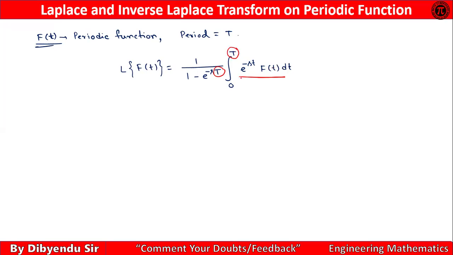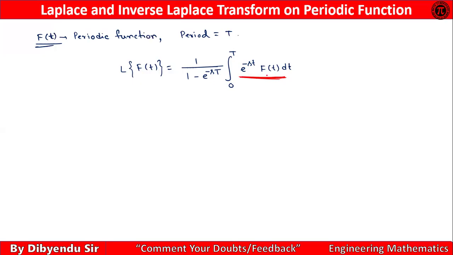That means under the integration sign you have to use the variable t, while the upper limit of integration and the term outside the integration sign use the period capital T. So the formula is 1 by 1 minus e to the power minus sT, integration 0 to T, e to the power minus st f of t dt.